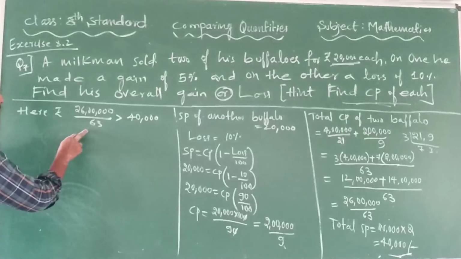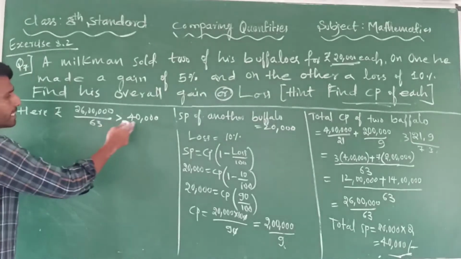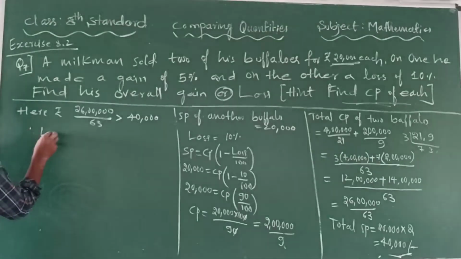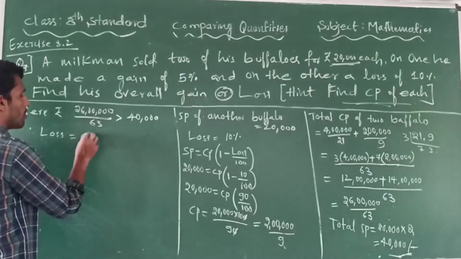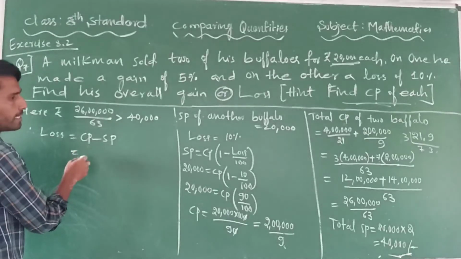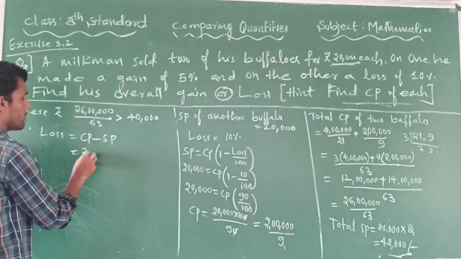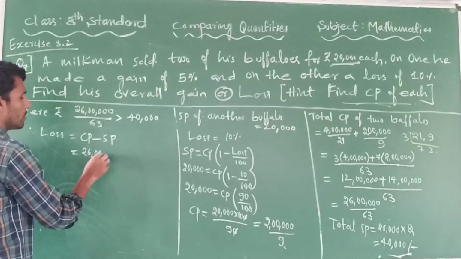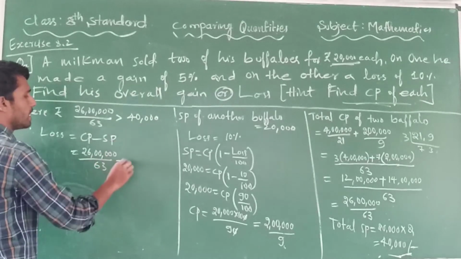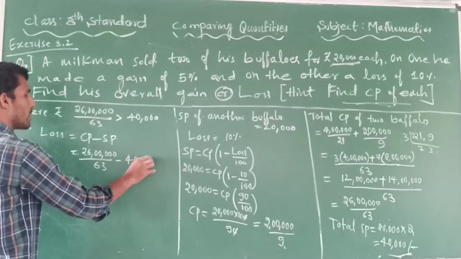Okay, the cost price is greater than the selling price, so we have to find the loss. Therefore, loss is equal to cost price minus selling price. We know the cost price, that is 26 lakh by 63, minus the selling price 40,000.